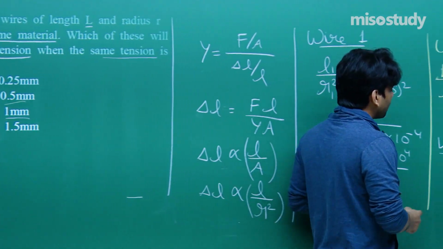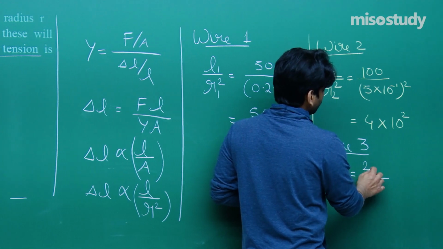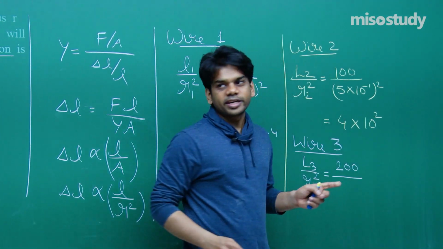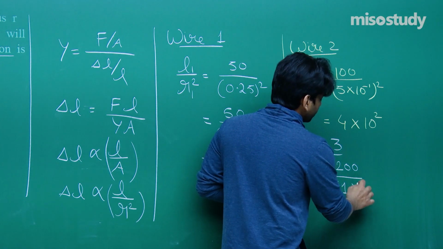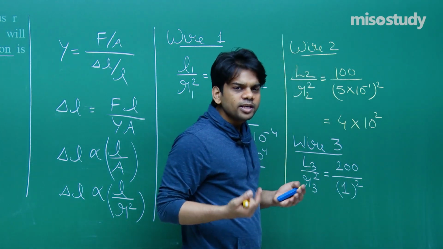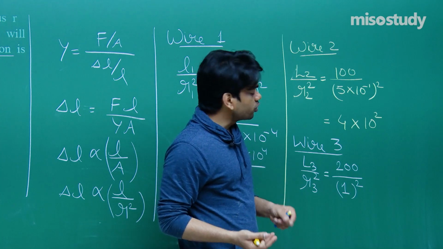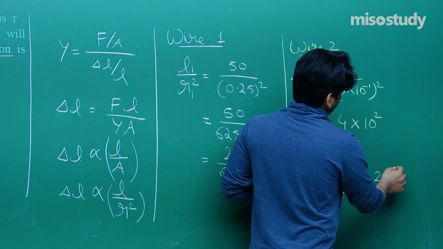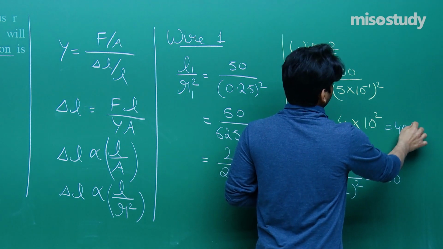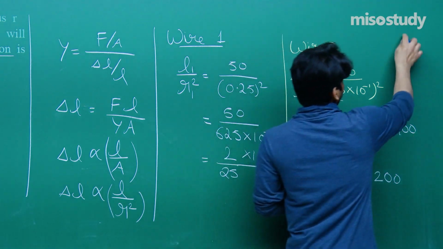For wire 3, L3 by R3 whole square, we are provided with 200 centimeter and R is 1 mm. So need not change the unit, we are using the radius in mm for each wire. So we will be having this as 200. This is equal to 400. For simplicity, we can write this as 400 for wire 3.